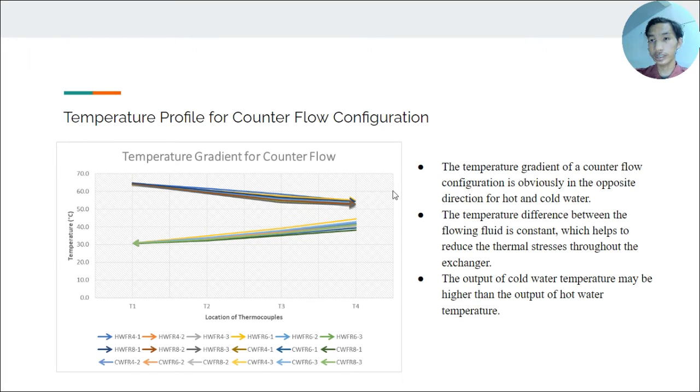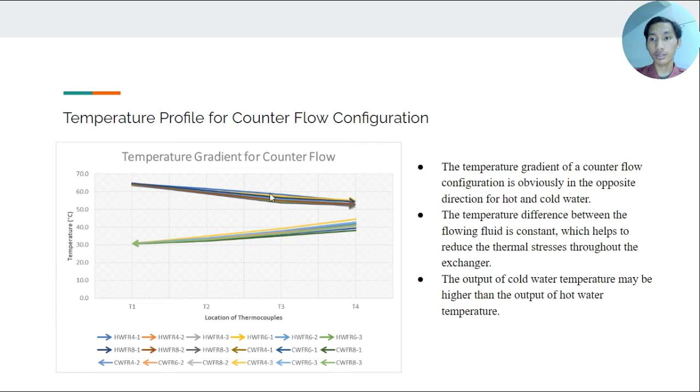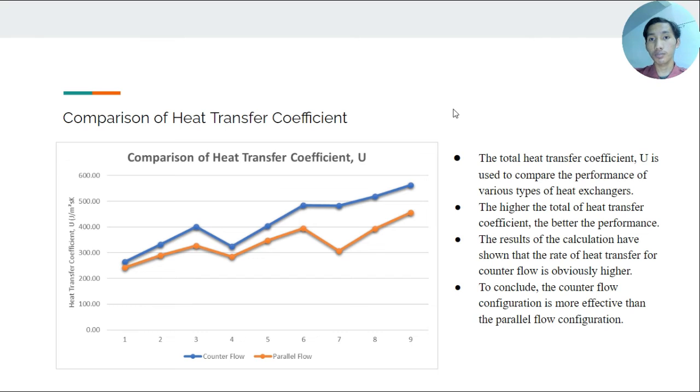The temperature difference between the flowing fluids is nearly constant, which helps to reduce the thermal stresses throughout the exchanger. And the output cold water temperature may be higher than the output hot water temperature.